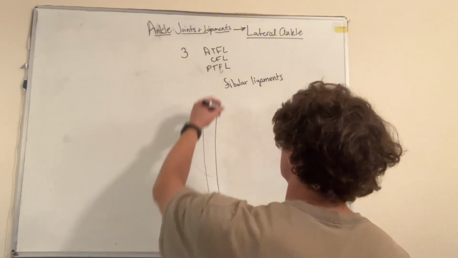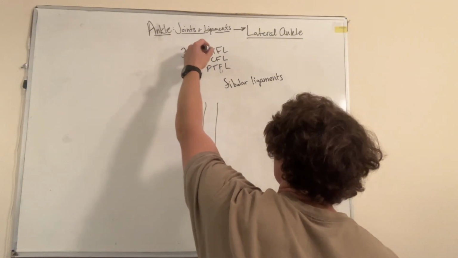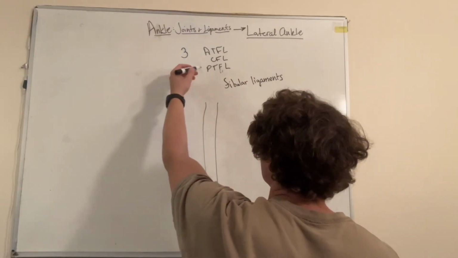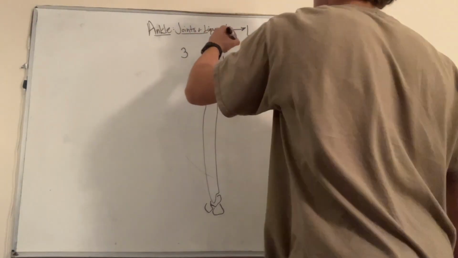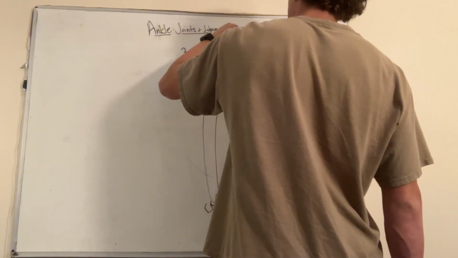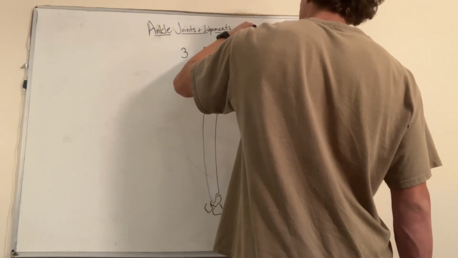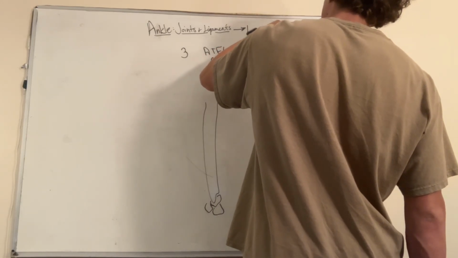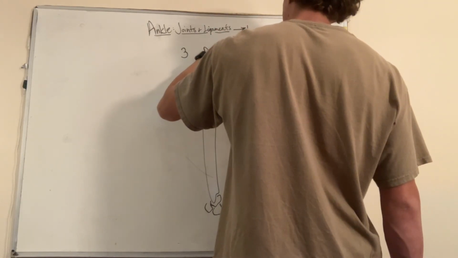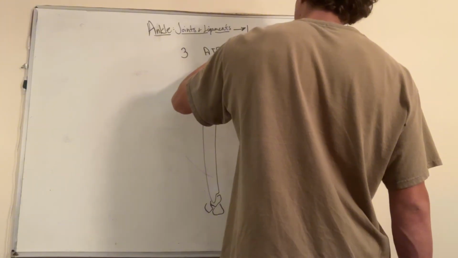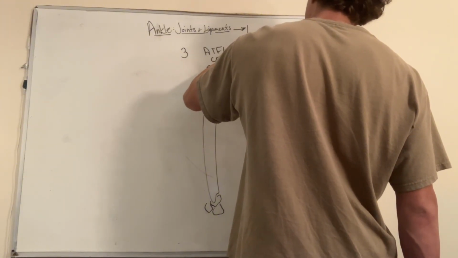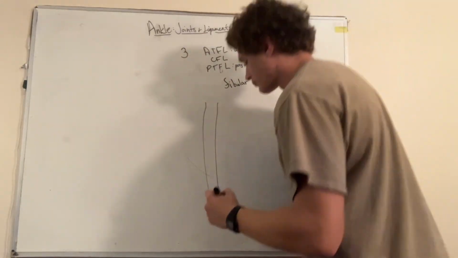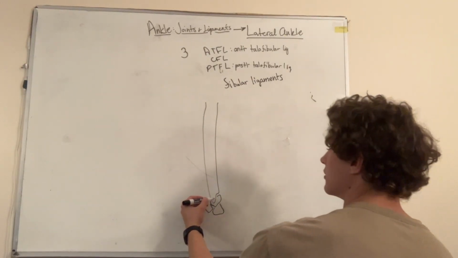And wouldn't you know, two of them involve the talus: the anterior talofibular ligament and the posterior talofibular ligament. Let me write that down up here. So we're here at the fibula.